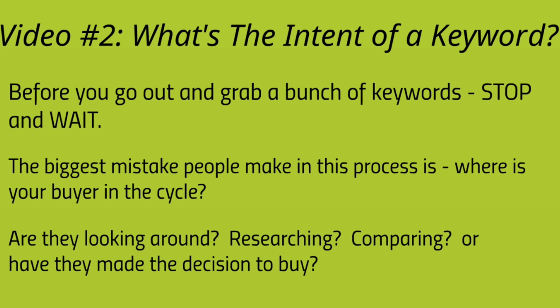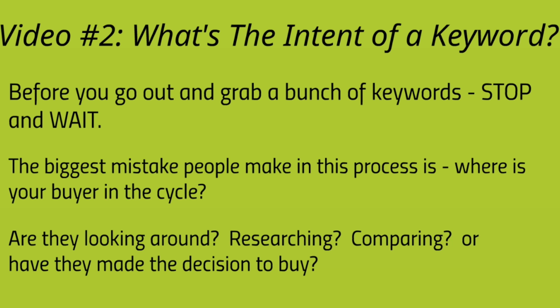Are they looking around? Do they really know what they're buying? Maybe they don't know what they're buying yet, and you've got to get them to the point of researching, comparing, and then buying, right? If you think about the buyer's cycle, if somebody doesn't really know what they're looking for, they might type in the keyword, how to stop blank.